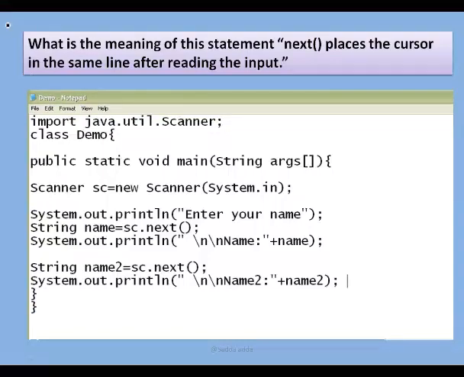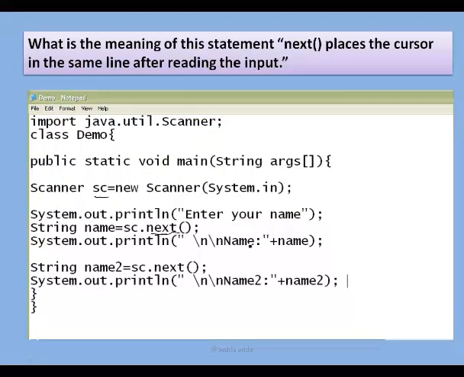Again I imported the Scanner class, created the class, called the main function. In this main function I am making the object of the Scanner class. This is the reference variable. Again using the same reference variable, now taking the input from the user by using the next function. You can see the next function of the Scanner class.